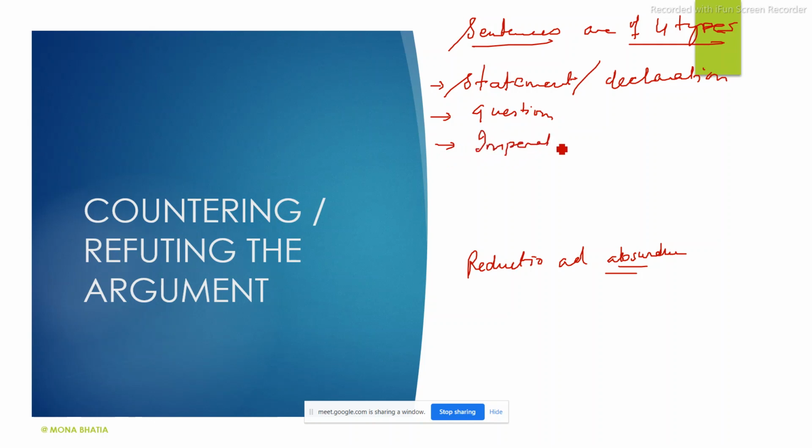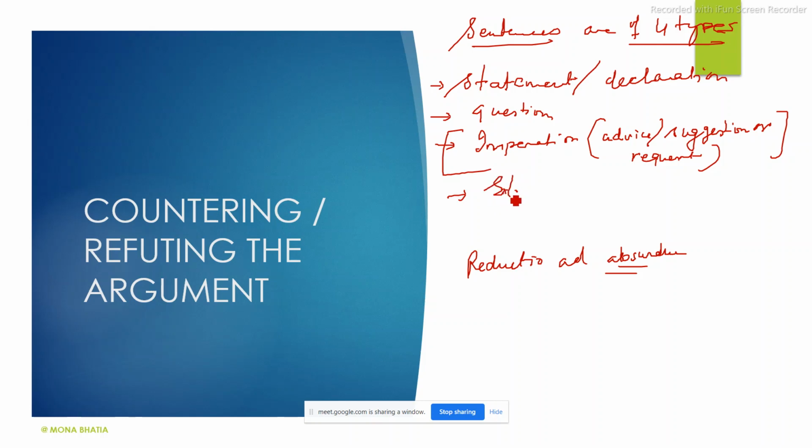That means advice is given or suggestion is given, and besides suggestion, requests are there. तो ये आपके write-up में इतने नहीं होते हैं. ठीक है? और इसके बाद होता है exclamation. ठीक है?